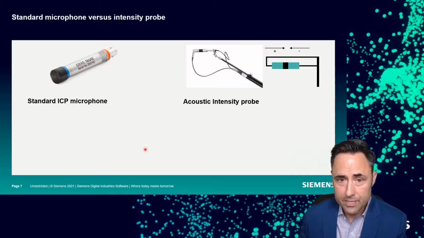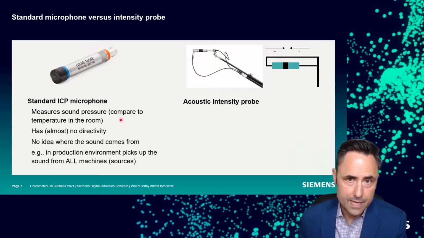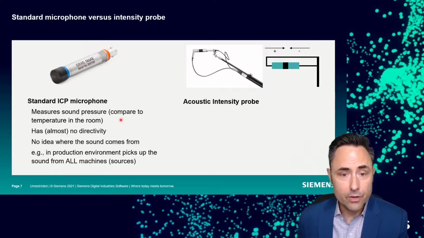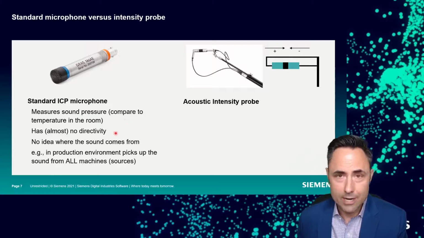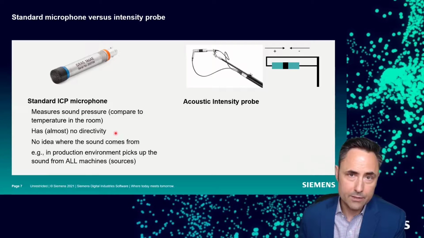So if we compare these two tools, a single mic versus an intensity probe, the microphone measures sound pressure, right? And we can compare that to making a temperature measurement in our room with our heater. It has almost no directivity, so it doesn't really matter how I'm holding it, depending on the style of microphone it is.